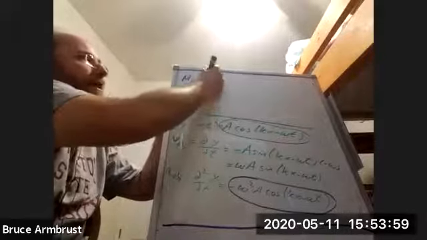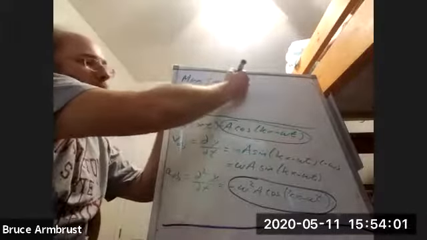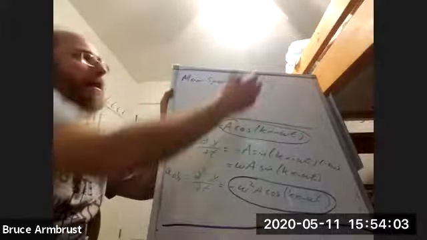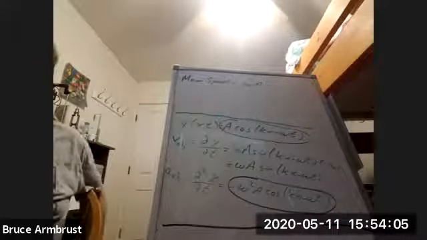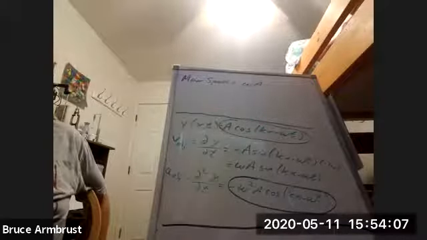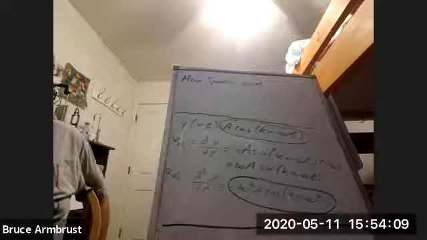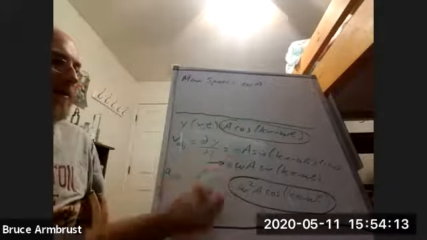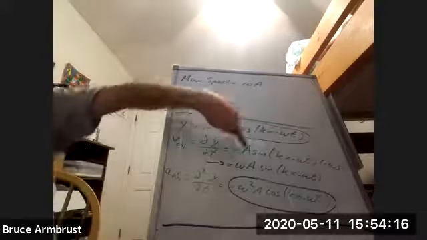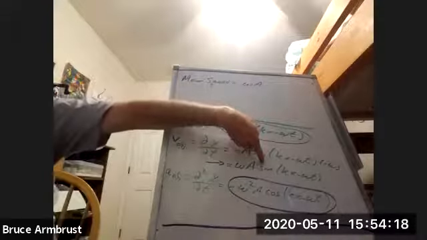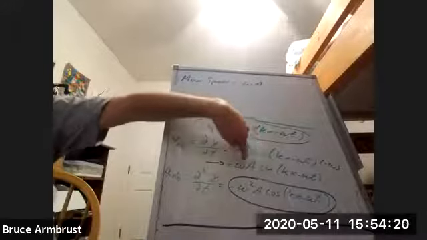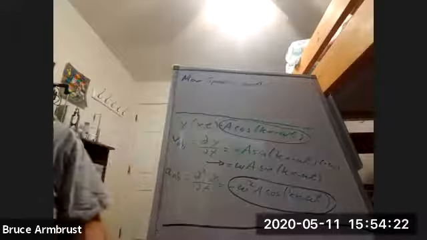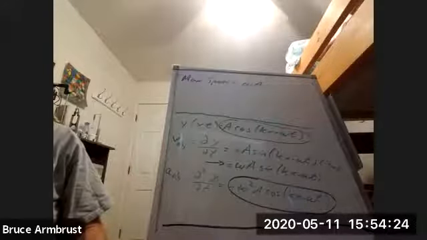The maximum speed is going to equal omega a. Because look at this formula. If you look at the velocity, the sine bit we know bounces back and forth between plus and minus 1. So the biggest velocity is going to be omega times a.